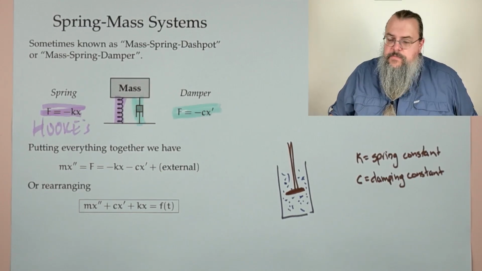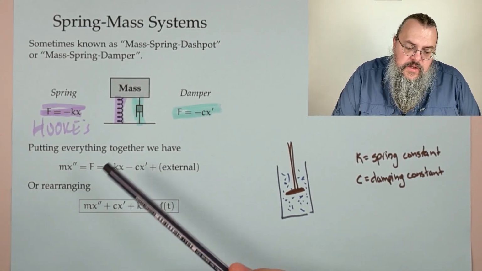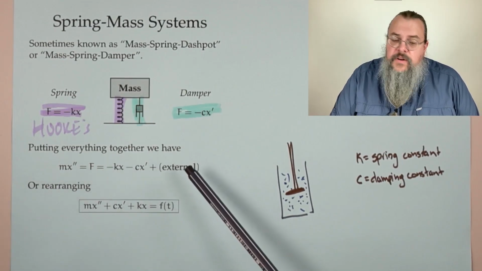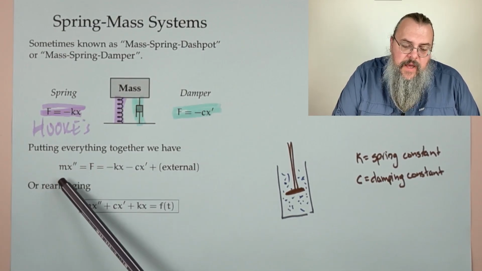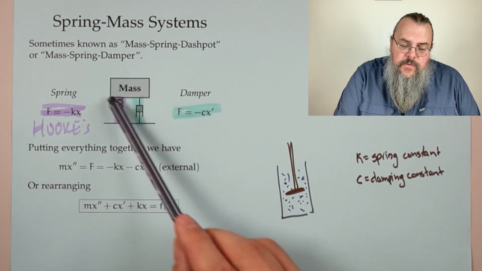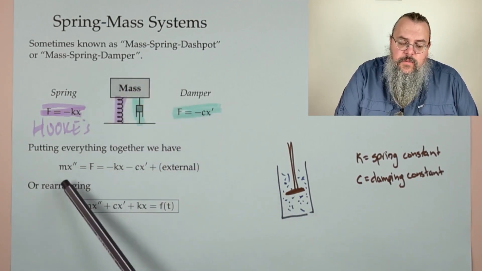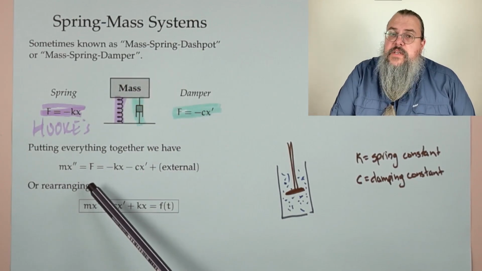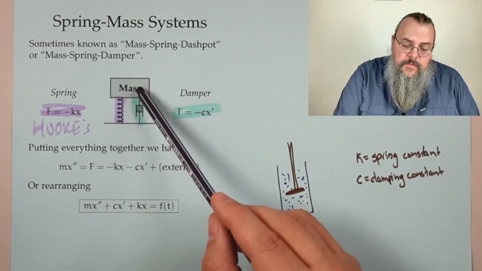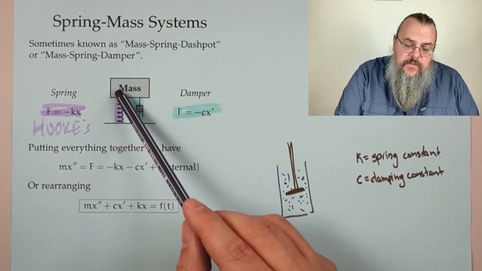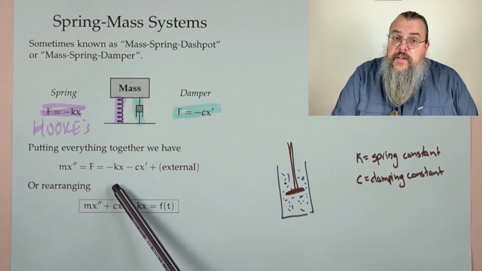So now what do we do? Well, you say, look, let's put our forces together. We know that mass times acceleration is one way that we can measure the force. Well, then we can say, we have other forces acting. So there's the force from the spring, that's minus kx.